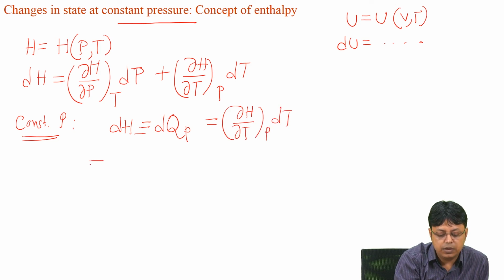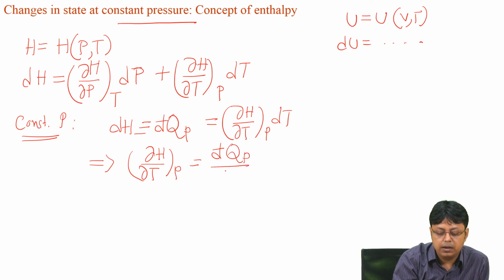So, from that we can easily see that this quantity del H del T at constant P is nothing but d cross q p by dT, which is the heat capacity at constant pressure.